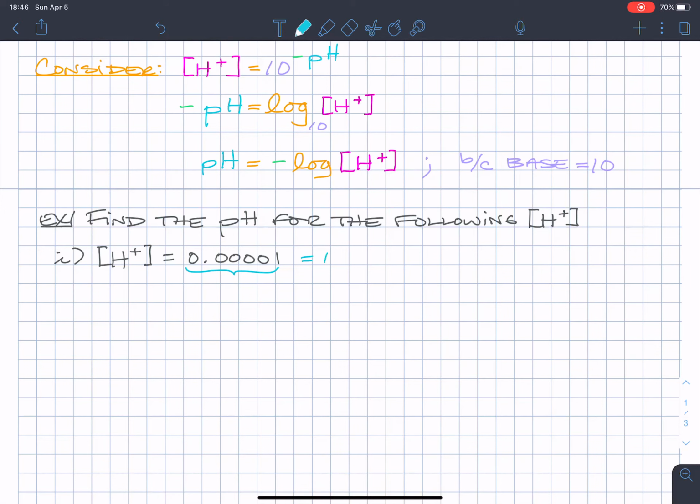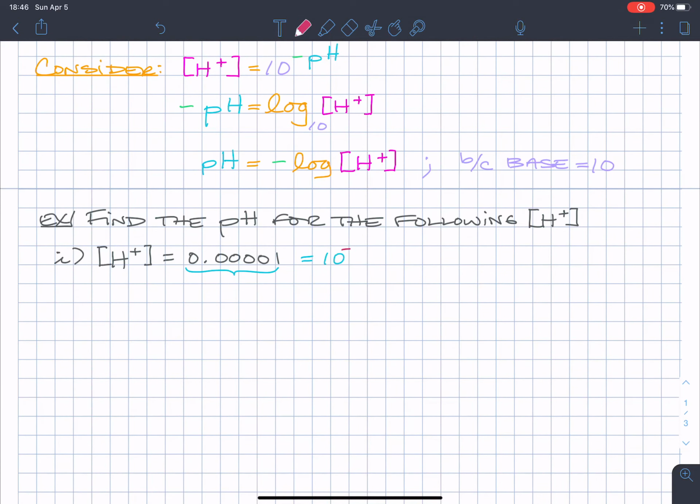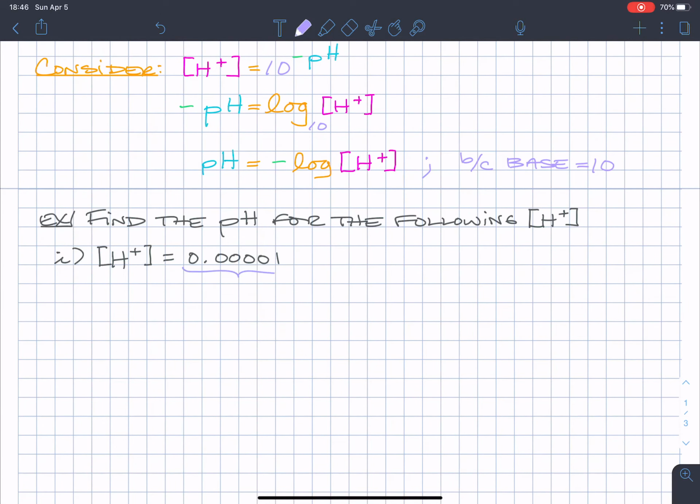Well, that's really 10 to the negative. I'm going to try and keep the color code the same. So this is 10 to the negative in green, and my exponent is going to be 1, 2, 3, 4, 5 zeros.